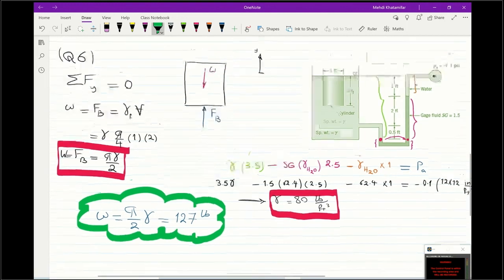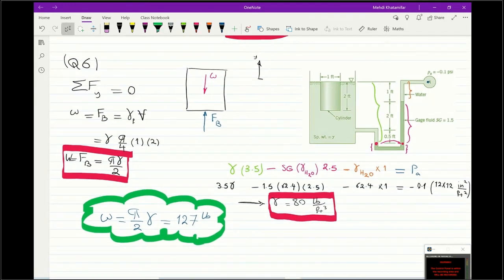So for this question, you need to investigate the figure we have. The first point given was the situation of the cylinder. The cylinder was floating, so the weight is supposed to be exactly the same as the buoyancy force, and buoyancy is gamma of the fluid times volume of the solid.